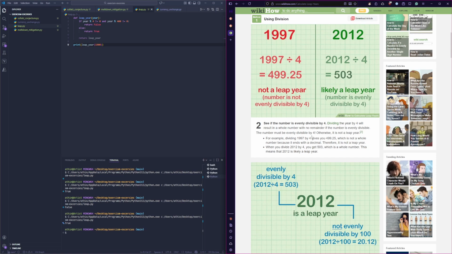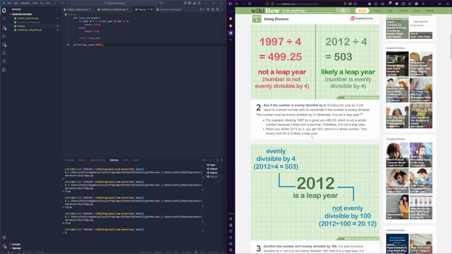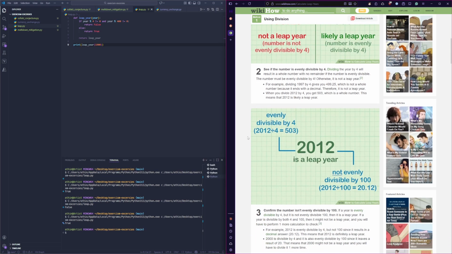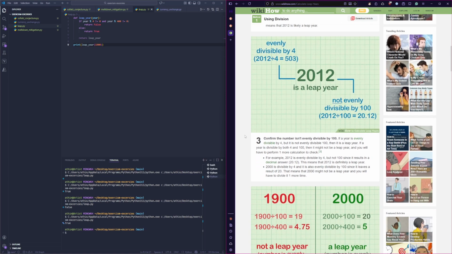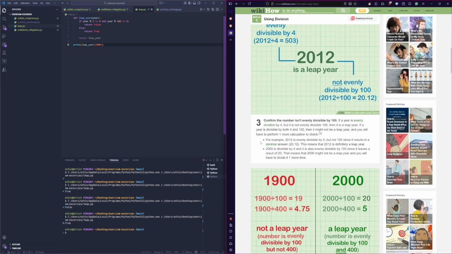If the number is evenly divisible, the number must be by 4.